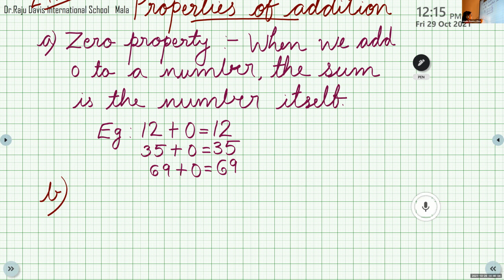Right. Next point. After numbers. One example, ma'am. Yes.